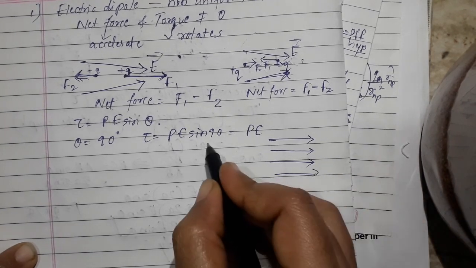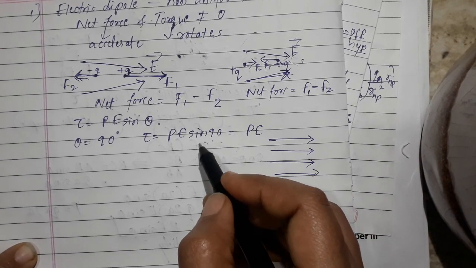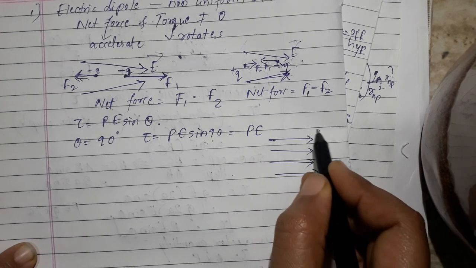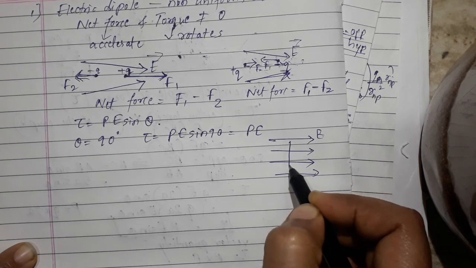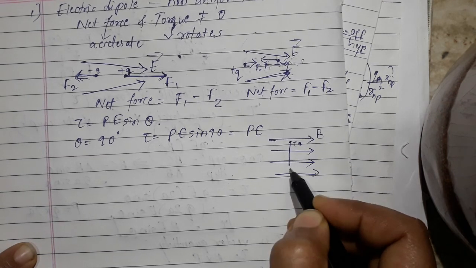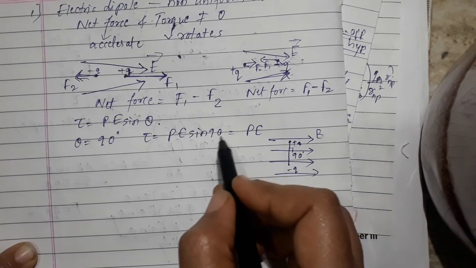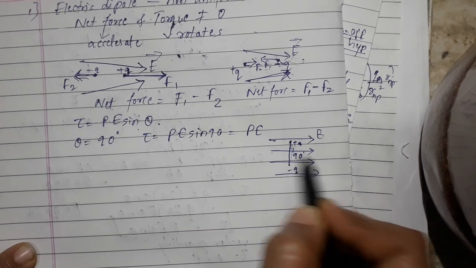We know that theta is the angle between the dipole and the electric field lines. You have to make the angle between the dipole and the electric field lines 90 degrees, which means you have to keep the dipole straight, with plus q and minus q making a 90 degree angle.